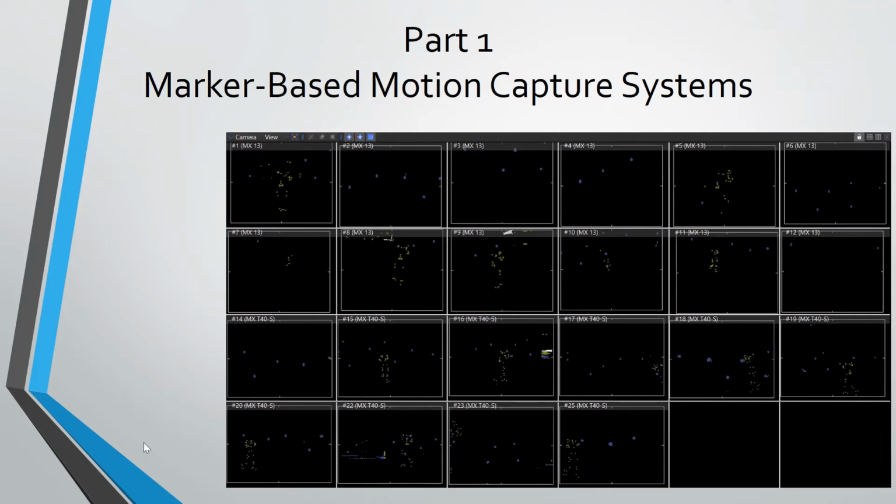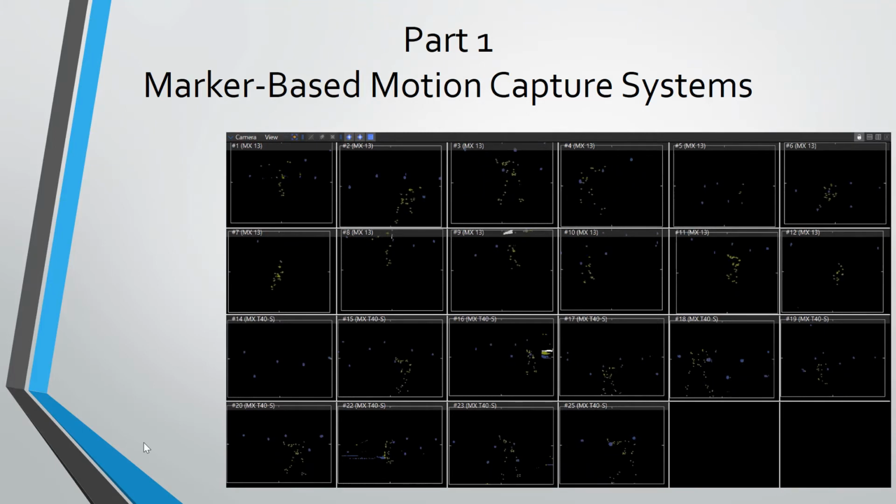So there we have 22 different views of the same action, all simultaneously recorded, all looking at the same markers.